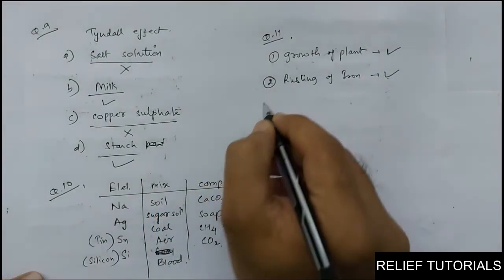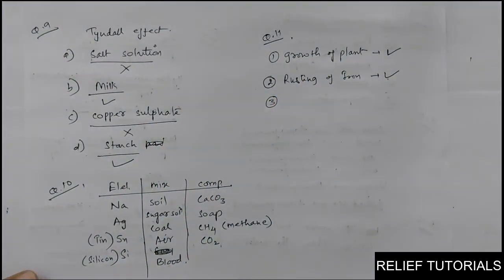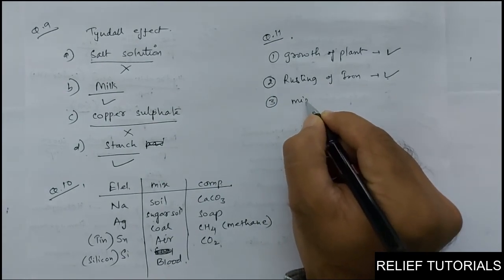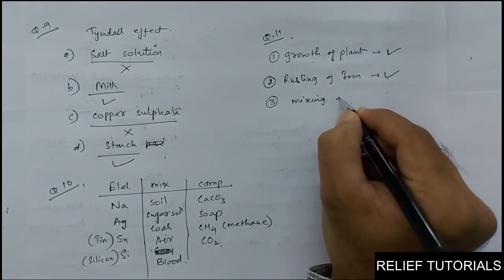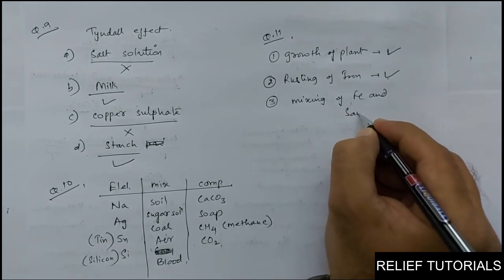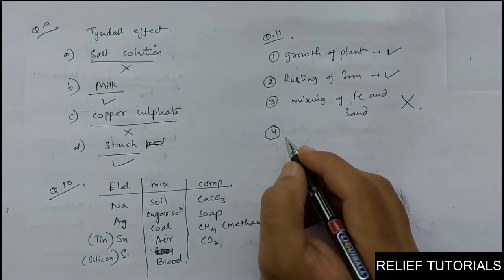For example, the plant once grown cannot be again converted into seedlings. Then mixing of iron filings and sand. Mixing of iron and sand is not a chemical change, it is a physical process.